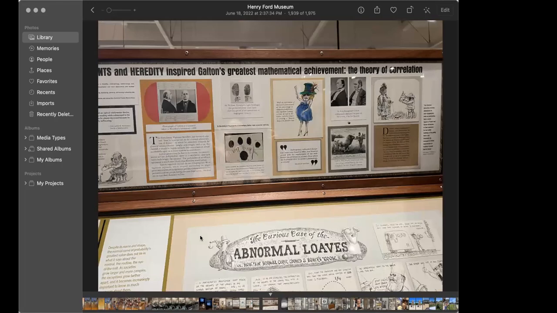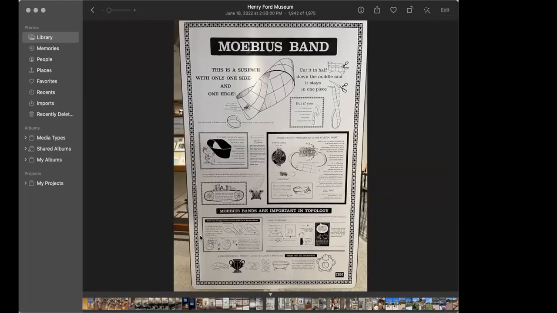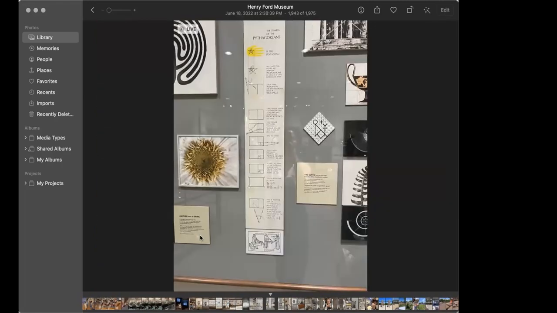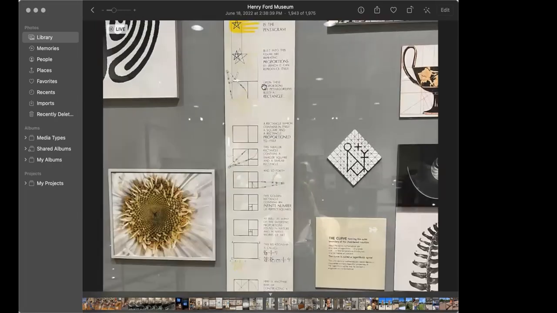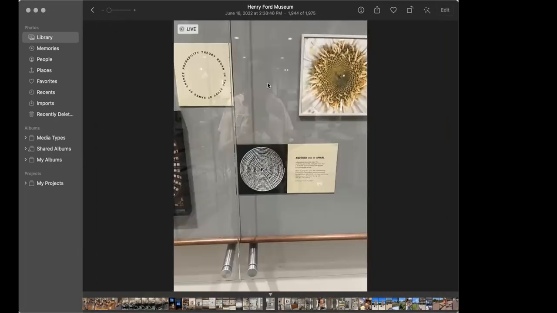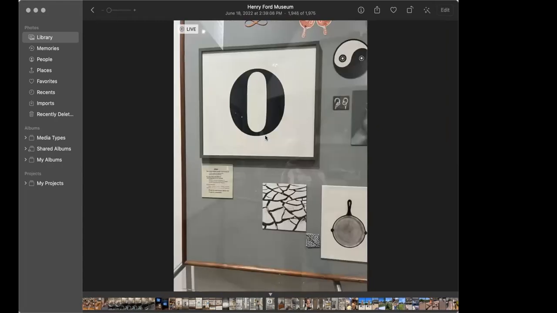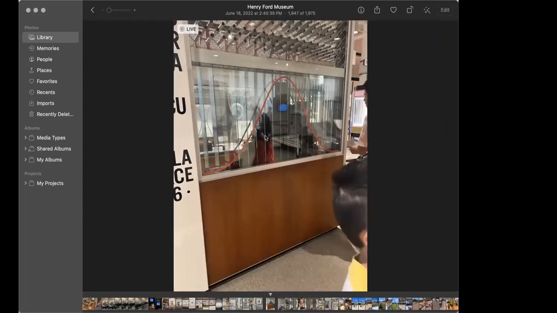This history stuff. Pythagorean. I believe that's what it is. Does it look like a fractal to you, the one right here? Fractals, just spiral. This is probability. I'm not going to talk about this, but it has to do with sample size.